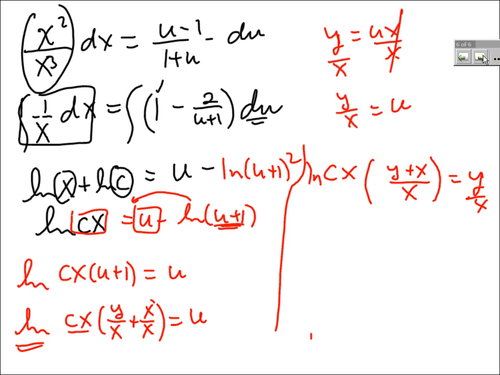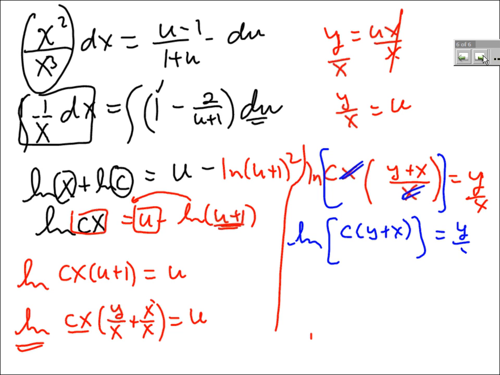Okay, we're getting there. We're taking ln of this whole mess, and those x's cancel off. So we get ln of c times y plus x is equal to y over x. And as far as I can see, that's as far as you can go with this problem. You can't really go any further.